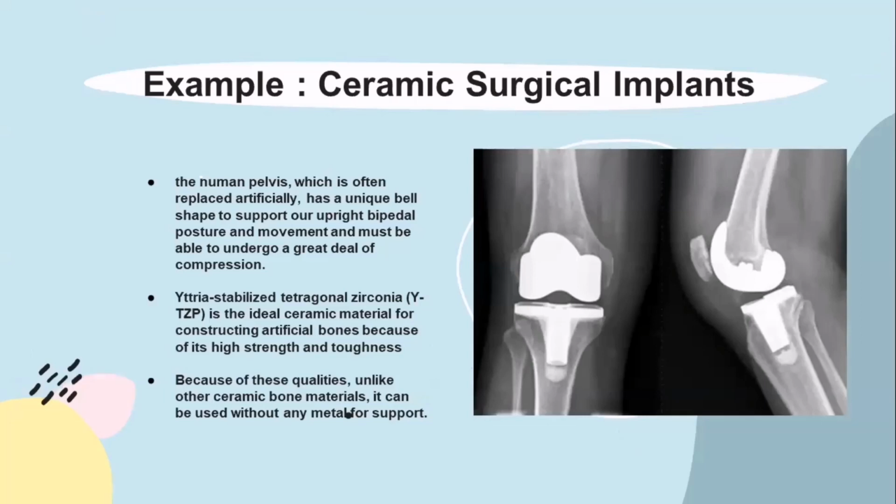So YTZP is the ideal ceramic material for constructing artificial bone because it has high strength and toughness. Because of this quality, YTZP is unlike other ceramic bone material. It can be used without any metal for support.